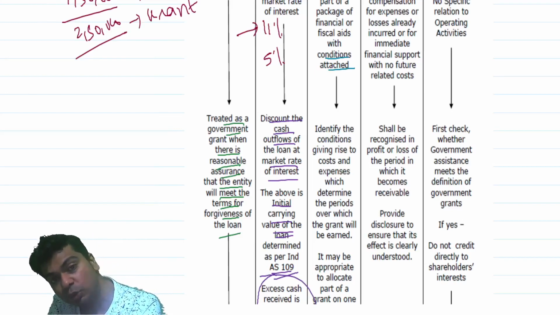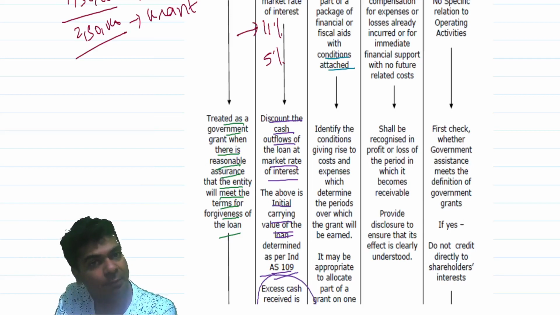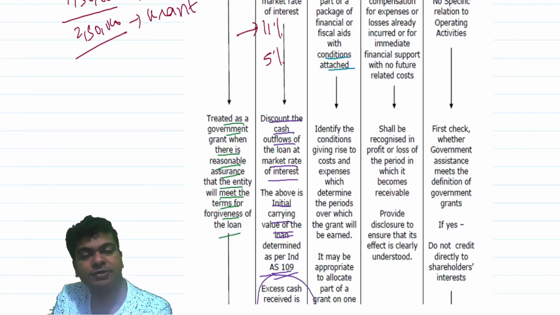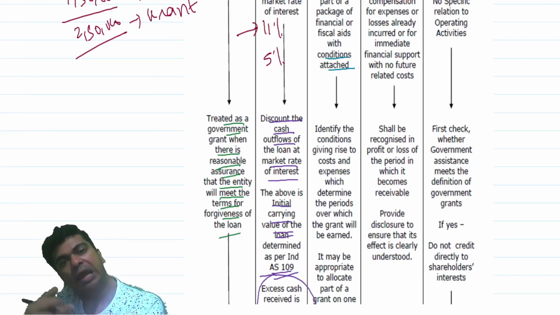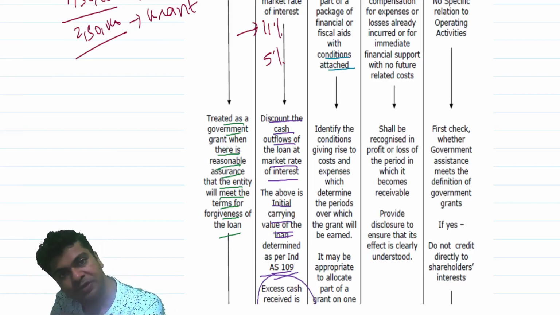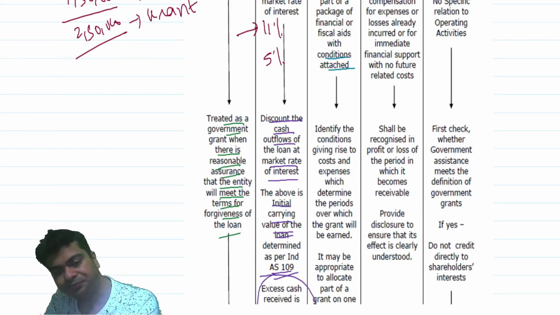Whatever grant is towards compensation of expenses will be understood as grants related to income. We have already seen how that should be accounted for. When you get government grants as part of a fiscal package, the segregation of the grant will be necessary. You will have to understand how much of this grant is towards assets, how much of it is towards income, and accordingly the accounting needs to be carried out.